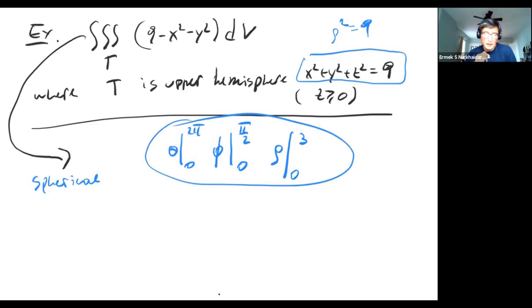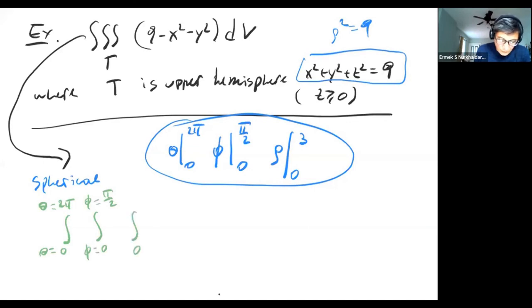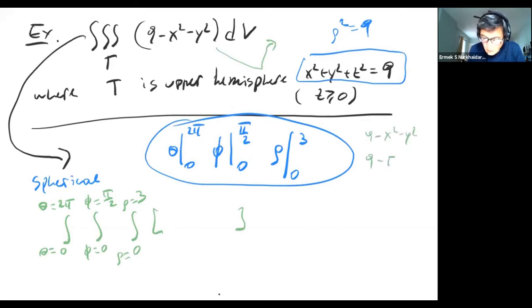And then we're ready to rewrite our integral in terms of spherical. So let me try. Integral 0 to 2 pi, that's theta. Integral 0 to pi over 2, that's phi. Integral 0 to 3, that's rho. Then 9 minus x squared minus y squared, I'm going to rewrite as 9 minus r squared.